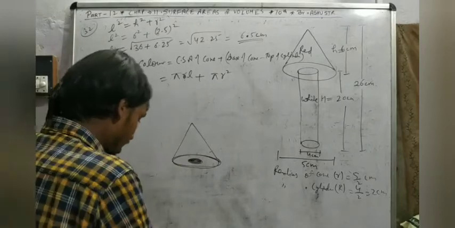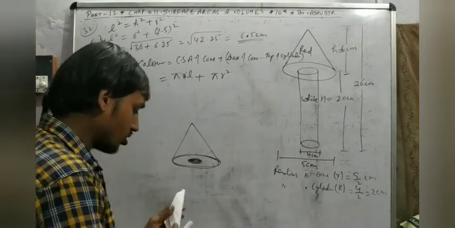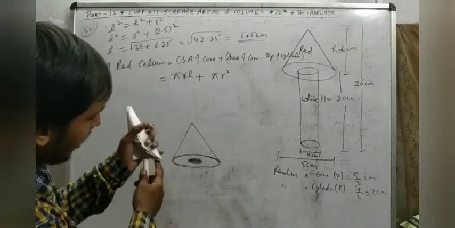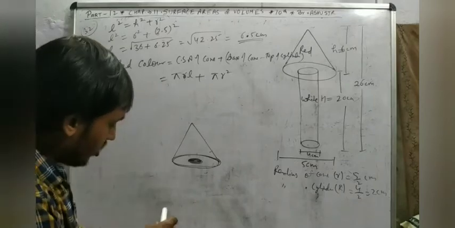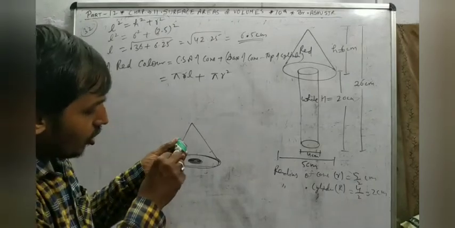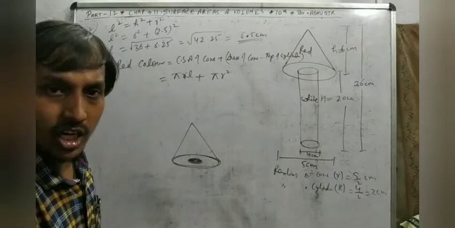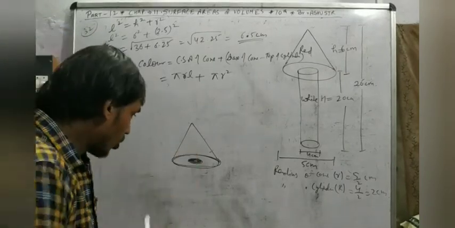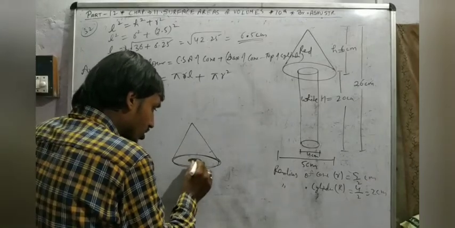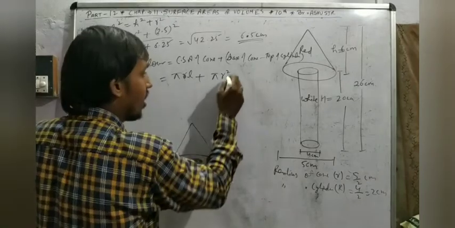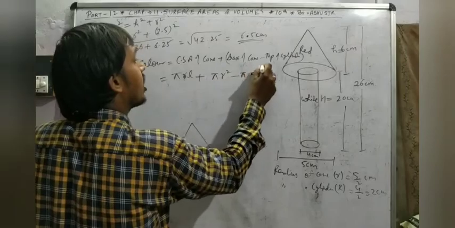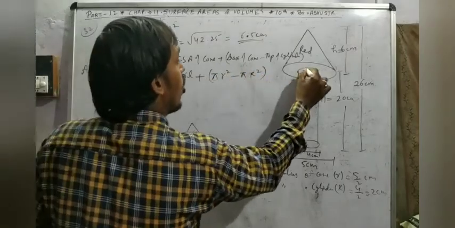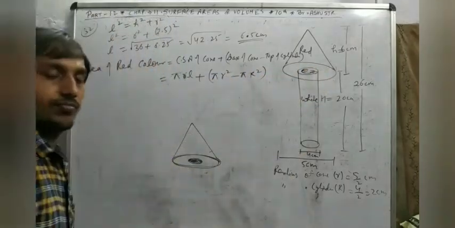Just like if this is the cone and it's pasted to the cylinder, here there is no red paint because of the paste. So we have to remove this area, minus pi r square, the area of the top of the cylinder.